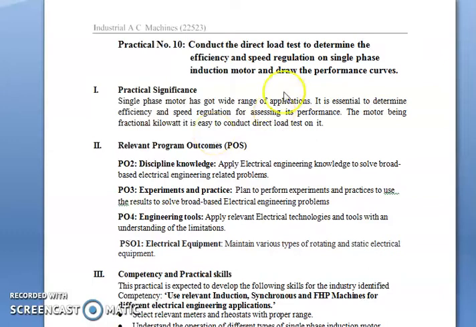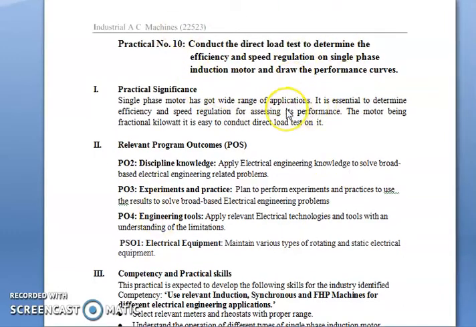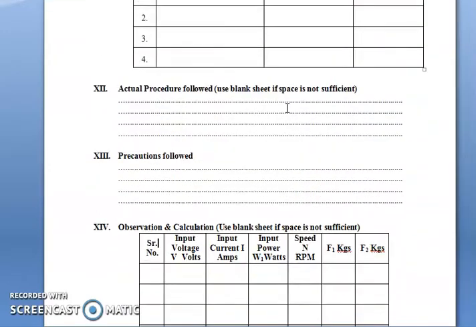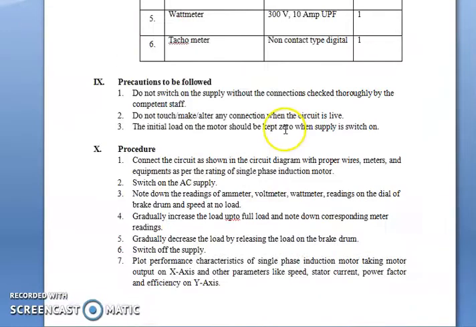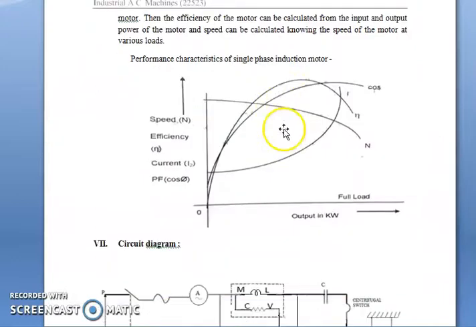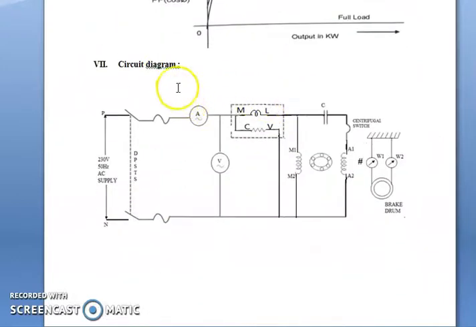We are going to use this test to find out the different circuit parameters, or the performance characteristics, of that single phase induction motor. So we will first see the details of this experiment, and later on we will perform the experiment. First, we will see the circuit diagram.